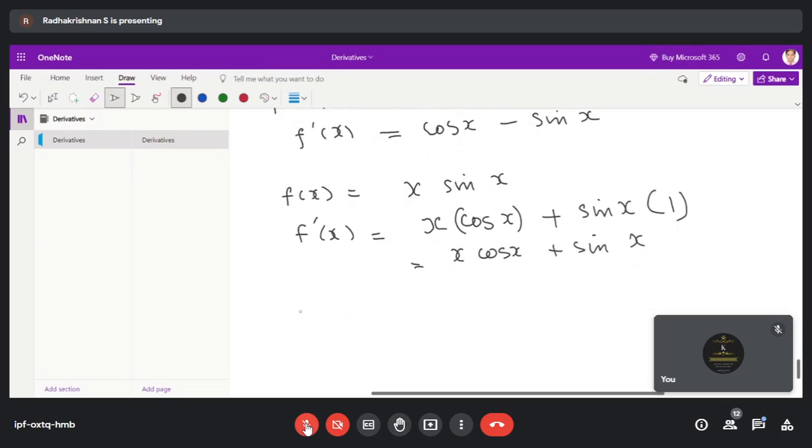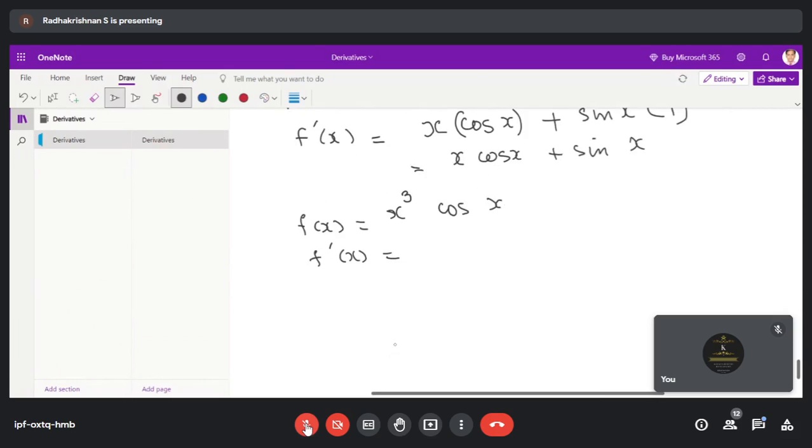Okay, let's take f x, x cube cos x. It is the same way. So please do this. So first what should we do? Keep x cube as u. Yeah, x cube. So what is the derivative of cos x? Minus sin x, okay?